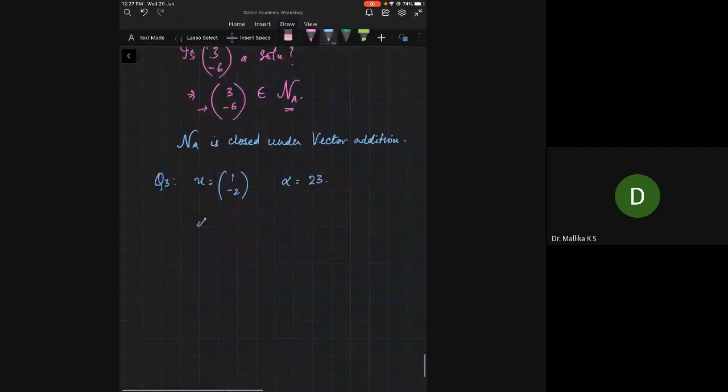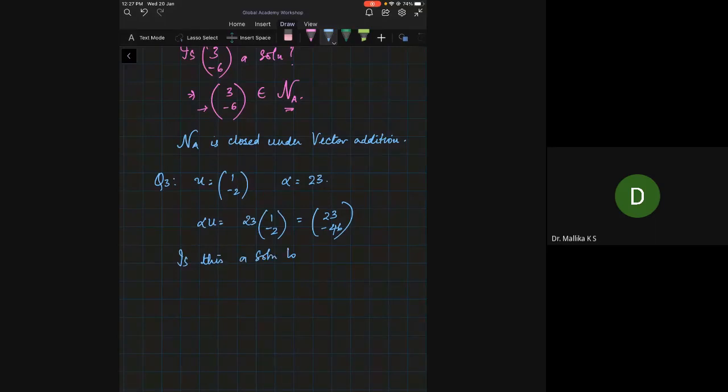Now what is alpha u? Alpha u is 23 times (1, minus 2). Now what do we get? (23, minus 46). Is this a solution to Ax equal to 0?